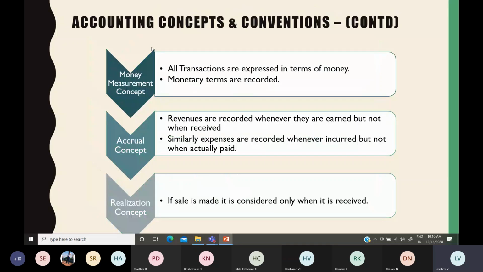Moving on to the next one. So this is the money measurement concept. As we already know, in accounting you are not going to record non-financial information.